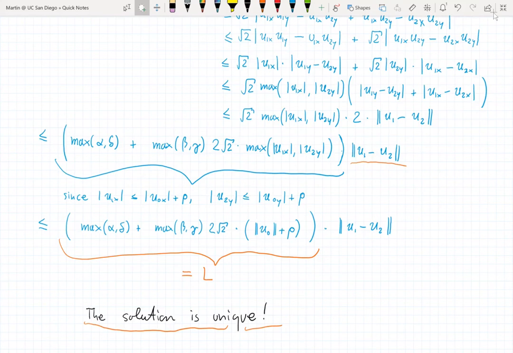And as you can tell, as rho and the norm of u0 get larger and larger, so does the constant L. So with that technique, we do not get this constant L uniformly bounded for all times t and all vectors u1, u2 taken from all of R to the 2.